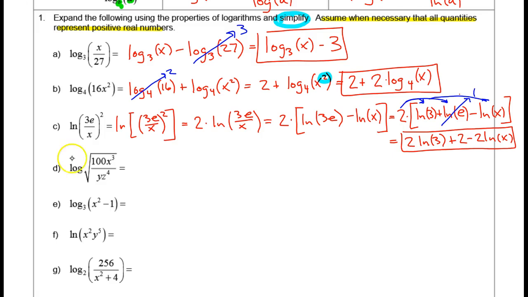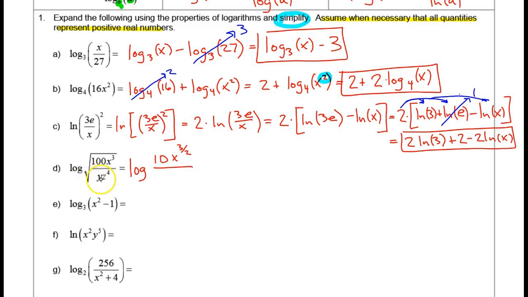First thing I'm going to do is simplify what's written here before I start using properties of logarithms. So I'm going to take the square root of everything that's inside this expression. So this is going to end up being the log of, well, the square root of 100 is 10. And then the square root of x cubed is going to be x to the 3/2 power.